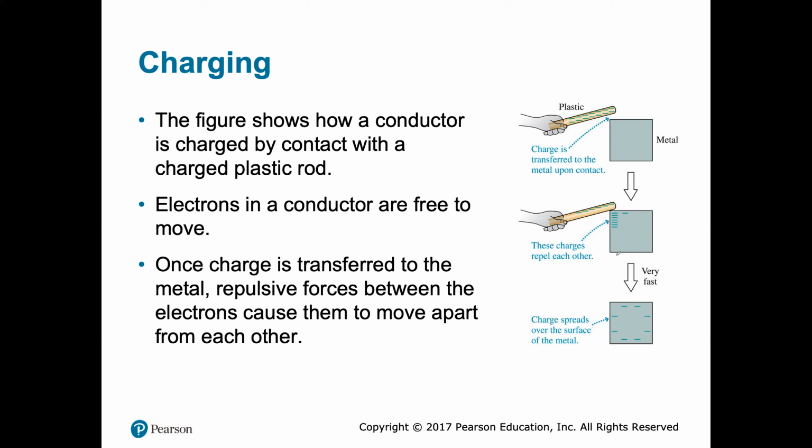And then, as we said, the charges or electrons in the conductor or metal are free. So if you move your rod away and give it some time, you will see all of the charges distributed on the surface of the metal.